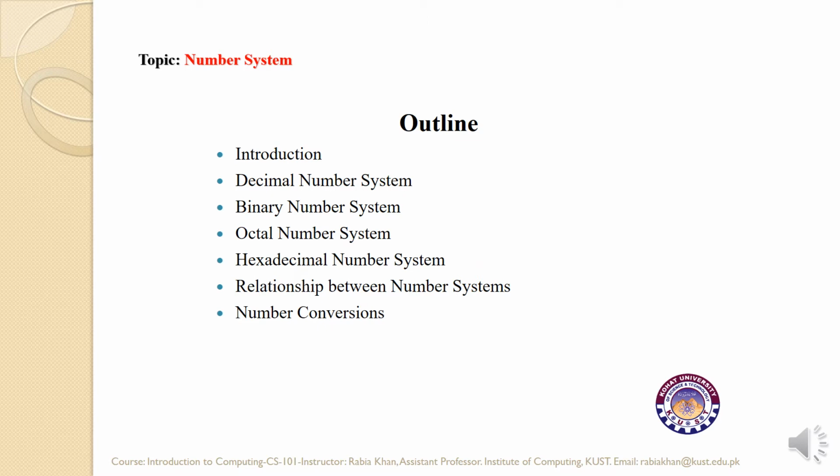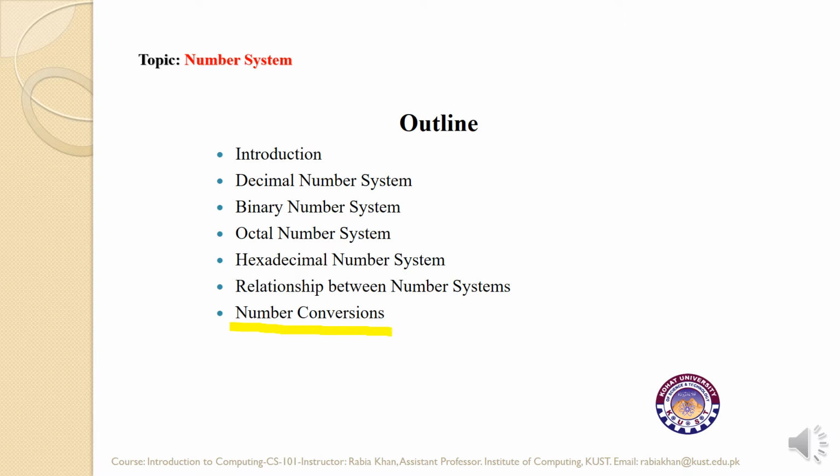We are discussing number system conversions, and this discussion is being carried forward since last so many lectures. As I just said, we have performed a total of 9 number system conversions so far, and there are a total of 12 number system conversions.